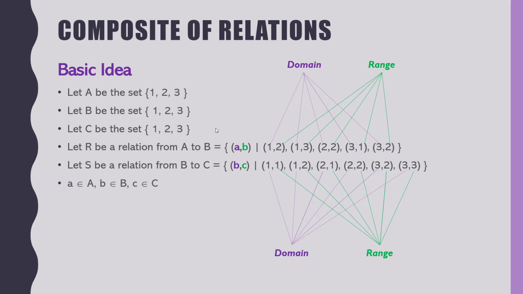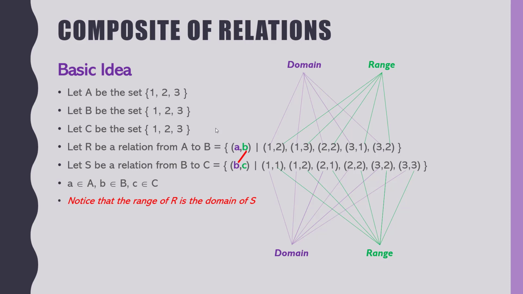This is important. What relationship can you see with the domain and range of the first set and the domain and range of the second set? Do you see any connection there? The range of the first one is the domain of the second one. Very good. The range of the first set is the domain of the second set, right?